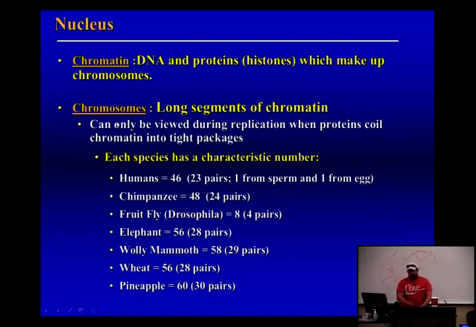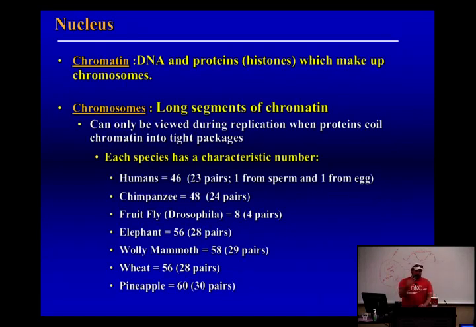Every organism, well, not all of them, there are lots of species, but there are only certain numbers of chromosomes. We as humans have a different number of chromosomes than, say, chimpanzees or elephants or wheat or pineapples.